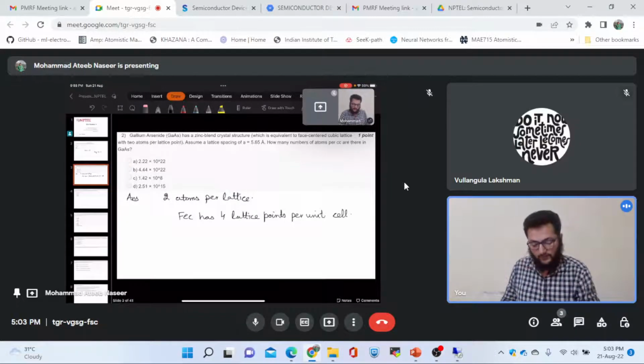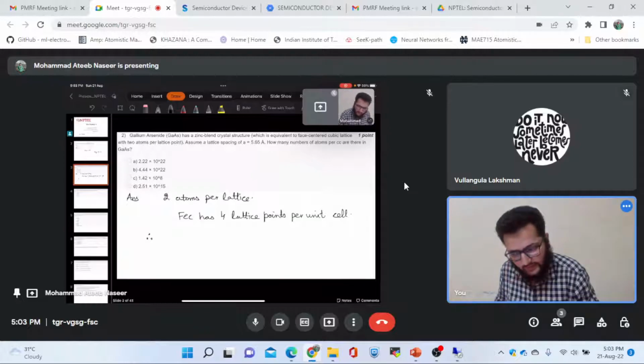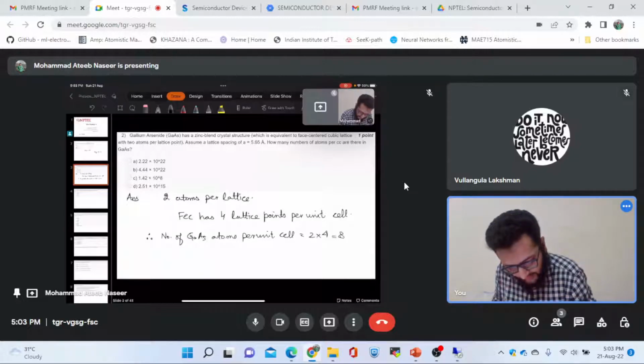So there will be 2 into 4 gallium arsenide atoms per unit cell. The number of gallium arsenide atoms per unit cell is equal to 2 into 4, and this gives us 8.